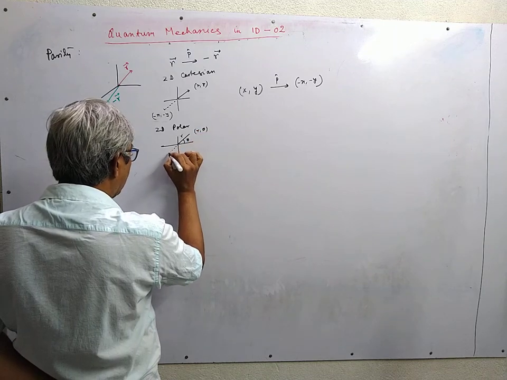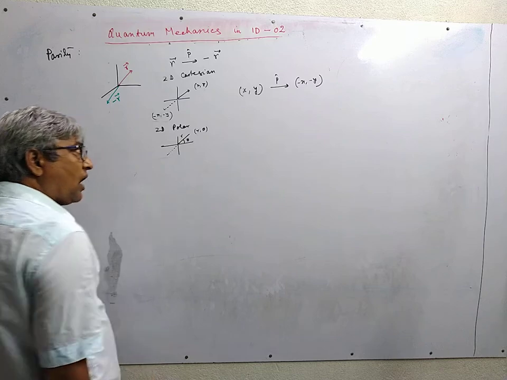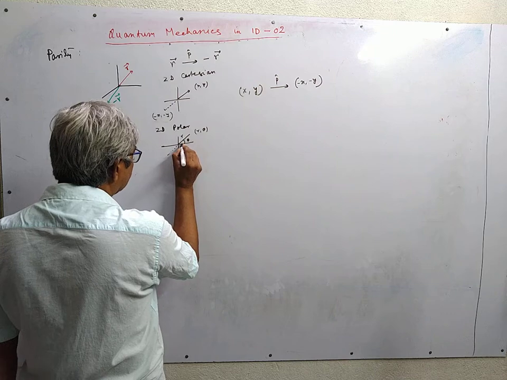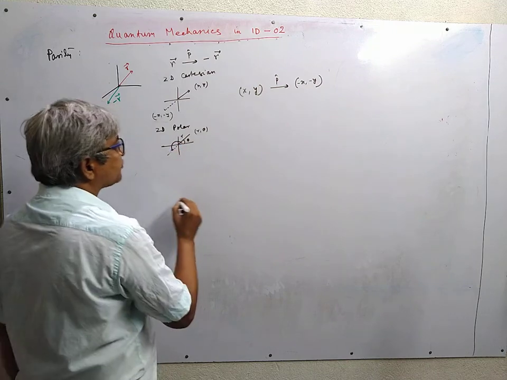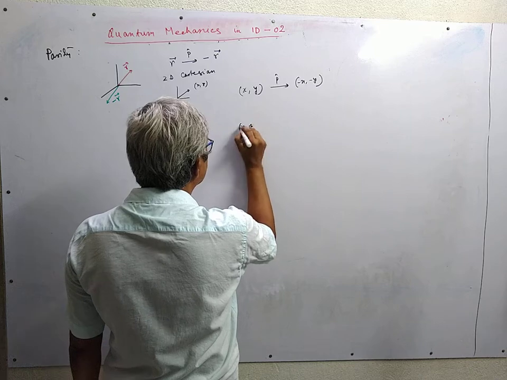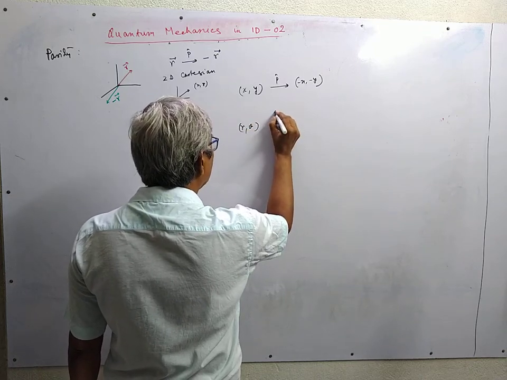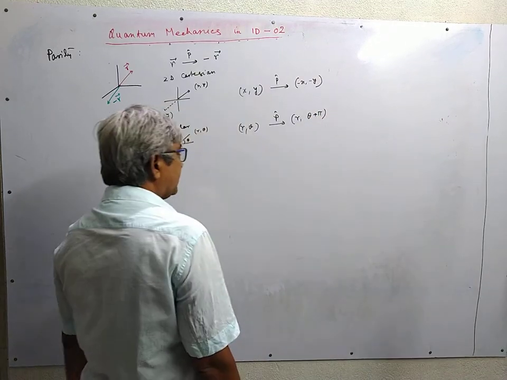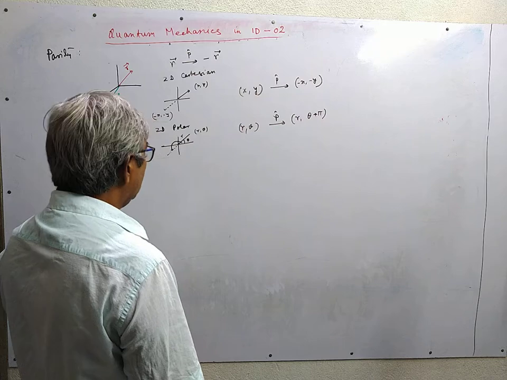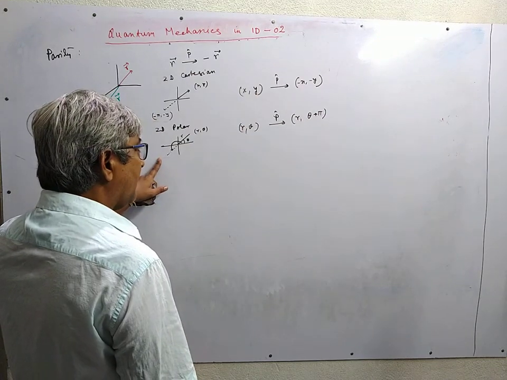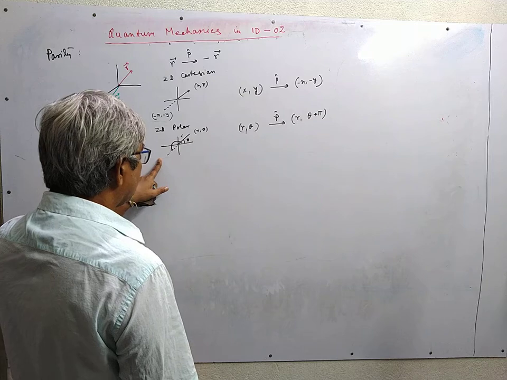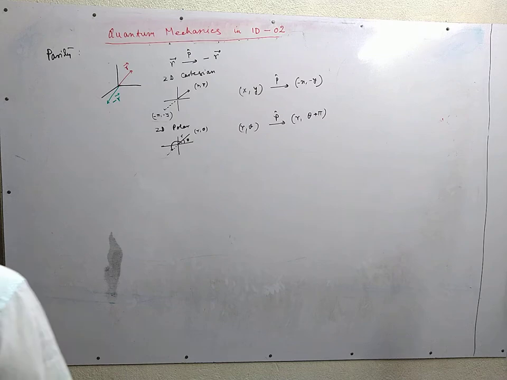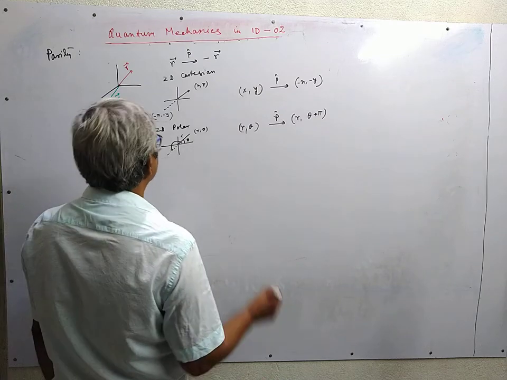When we take the reflection, r remains r because it is the radius vector and a positive quantity, and theta changes by pi. So r, theta changes under parity operation to r, theta plus pi. As a check, x is equal to r cos theta. In the third quadrant, cos theta is negative, and y is equal to r sin theta. Again, both sine and cos are negative in the third quadrant.